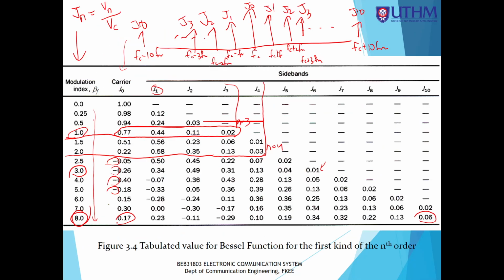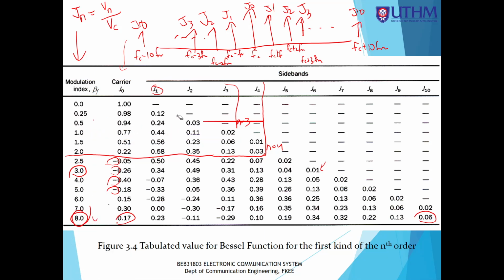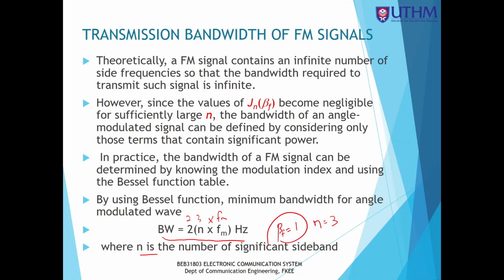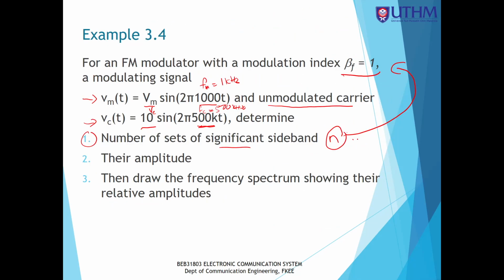Beta equal to 1 means we have up to 3 pairs of sidebands. So therefore n equal to 3. The answer for the first question is n equal to 3.